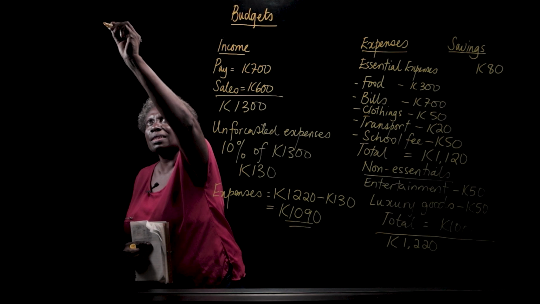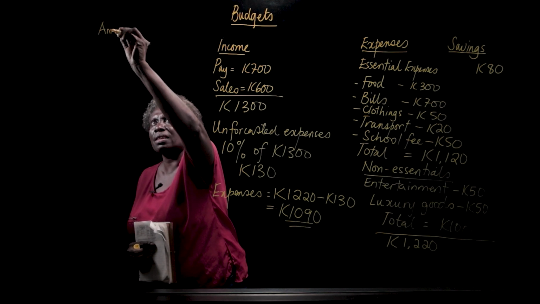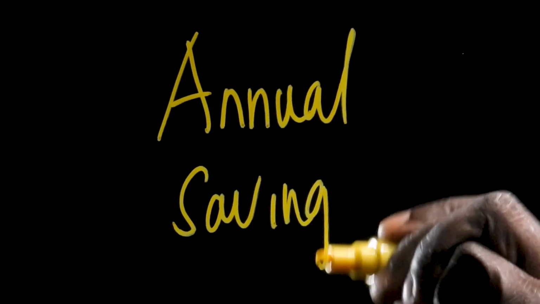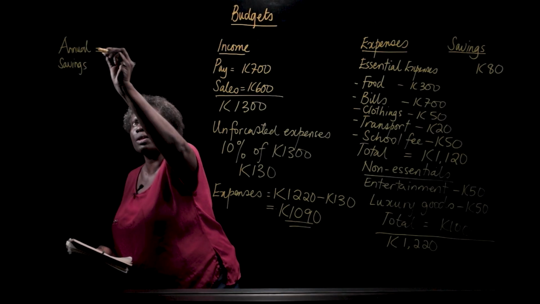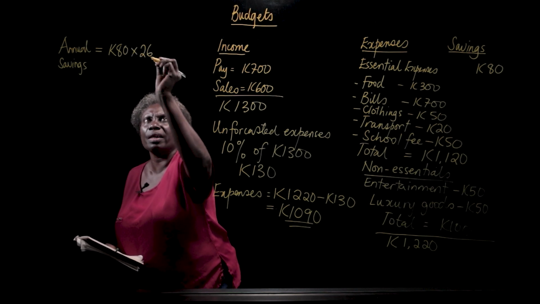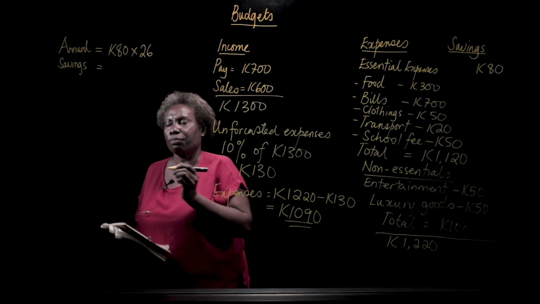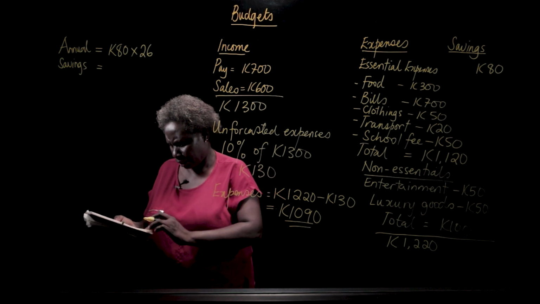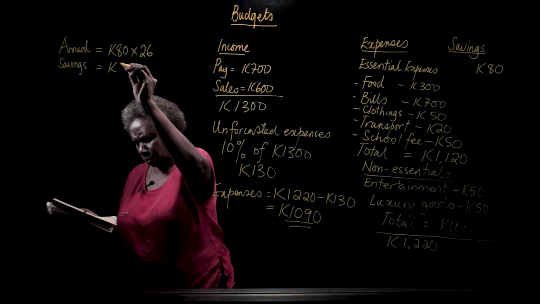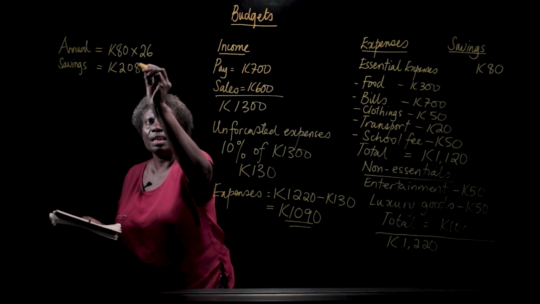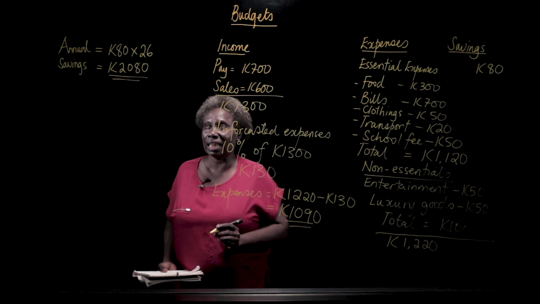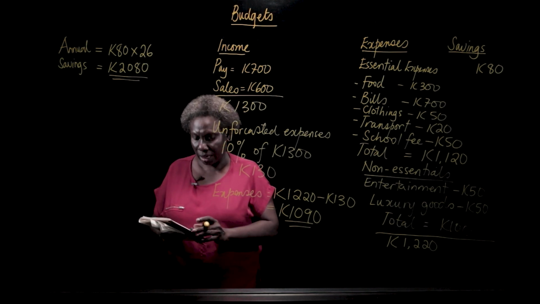So his annual savings will be equal to 80 kina multiplied by 26 fortnights. At the end of 1 year, he will have saved 2,080 kina. So that would be his savings at the end of the year.